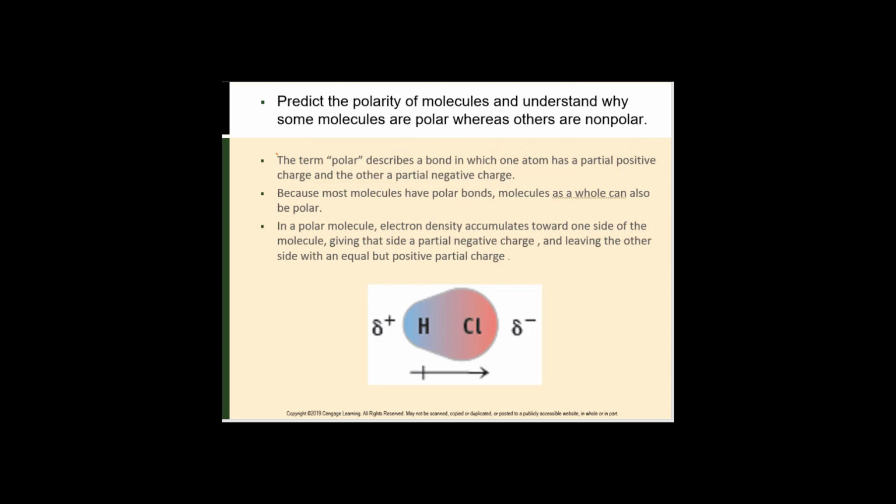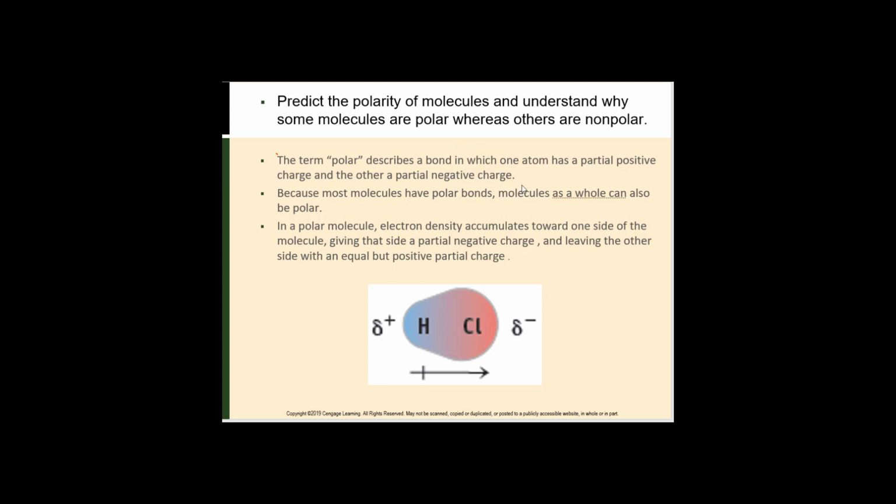This next section is about molecular polarity. So our goal here is to be able to predict the polarity of molecules and understand why some molecules are polar where others are nonpolar. The term polar describes a bond in which one atom has a partial positive charge and the other a partial negative charge.